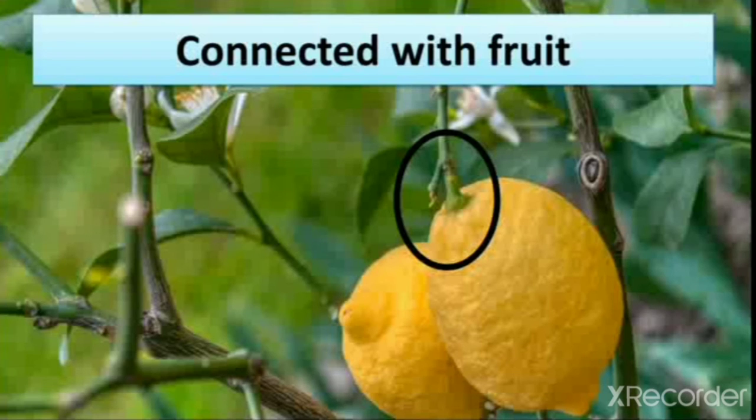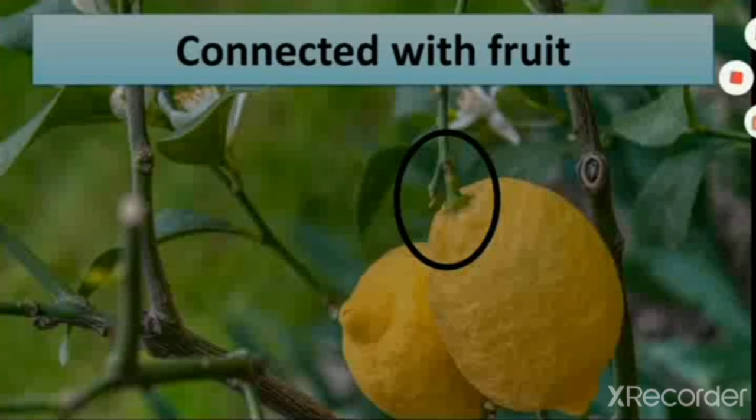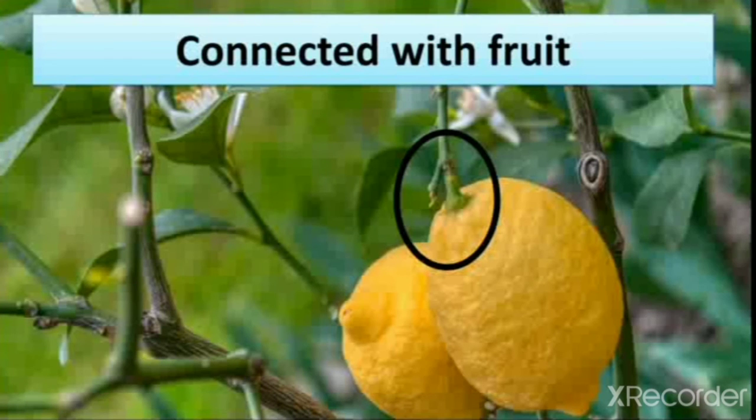You can see here in the circle that lemon is connected with stem. So, the brown part, beside that you can see the stem, then one branch connects with lemon. So stem is connected with every part of the plant and joins the plant parts with each other.